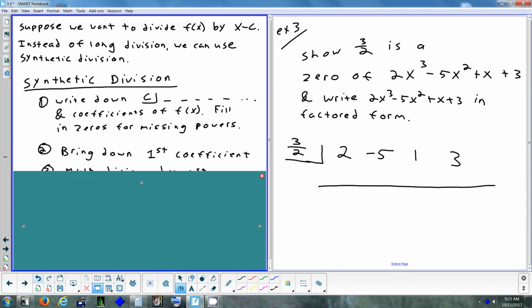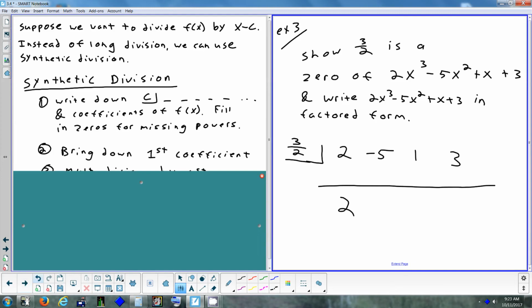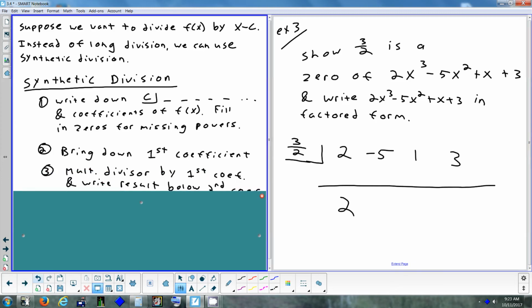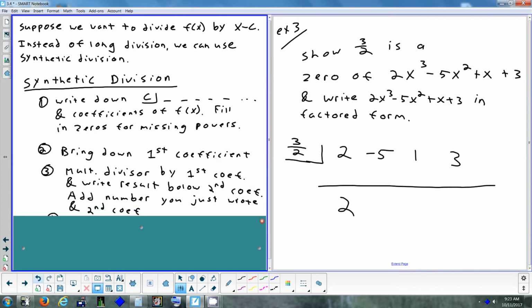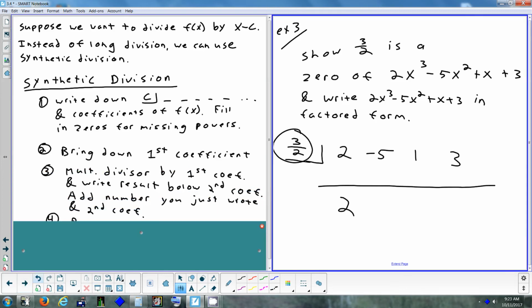So bring down the first coefficient, 2. We're going to multiply the divisor, 3/2, by the coefficient I just brought down. What's 3/2 times 2? 6 over 2, which is 3.